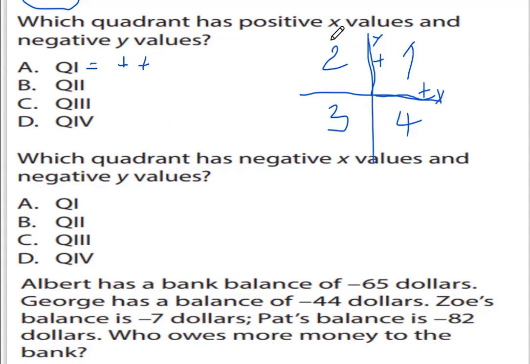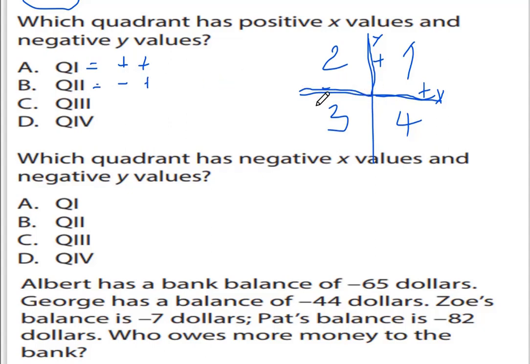For quadrant 2, we're looking at this part of the Cartesian plane. For x, it's on the left side of the plane, so that is negative. For y, it's positive. So the value of Q2 is negative for x and positive for y.